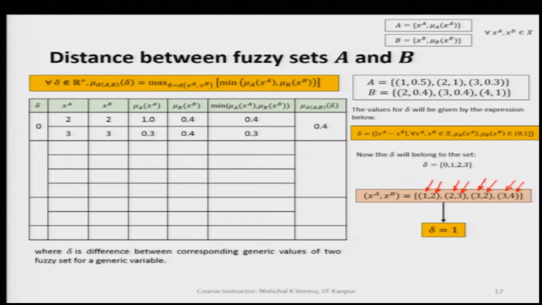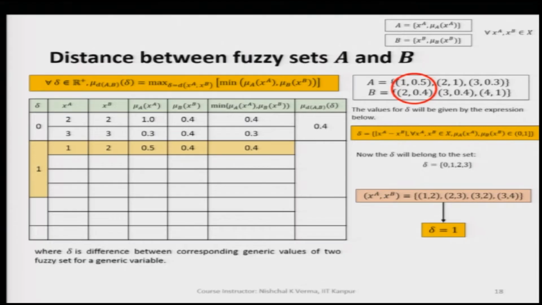Let us now use these pairs for delta equal to 1 and tabulate the values of x A, x B, mu A of x A, mu B of x B, and then take the minimum of all these findings and finally take the maximum, and let us see how it goes.